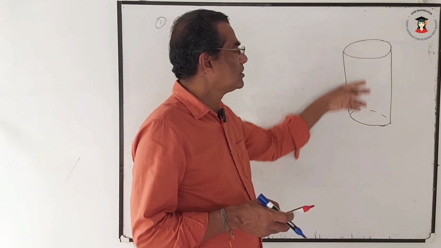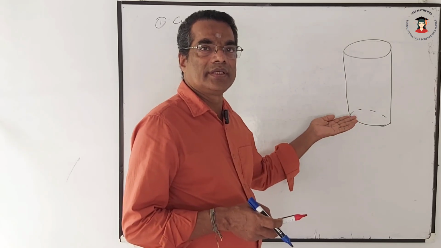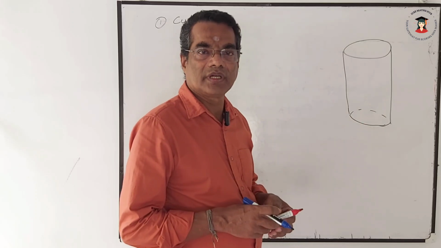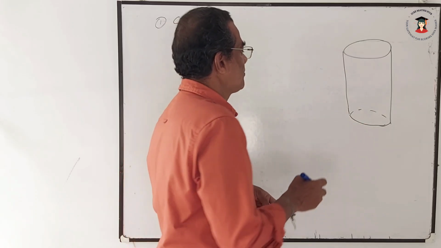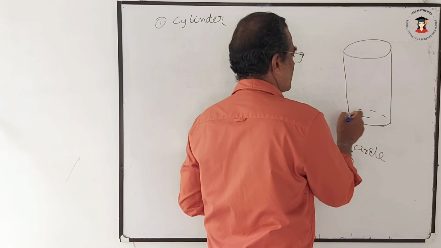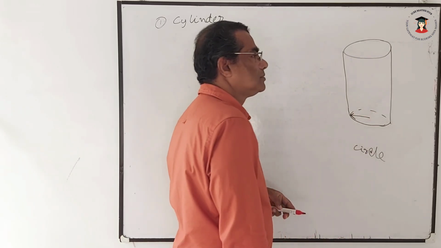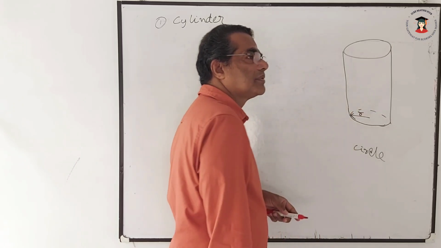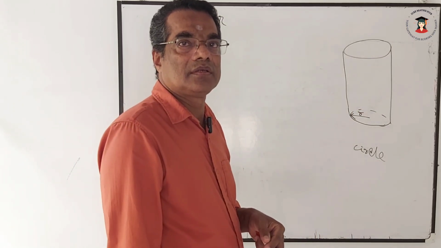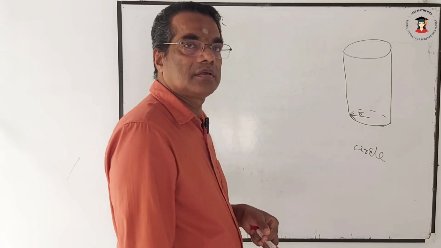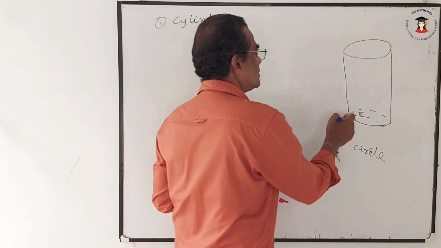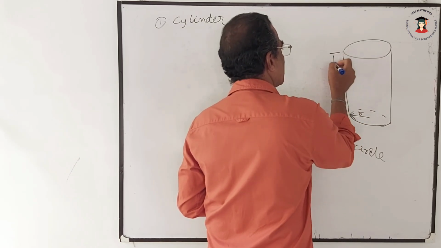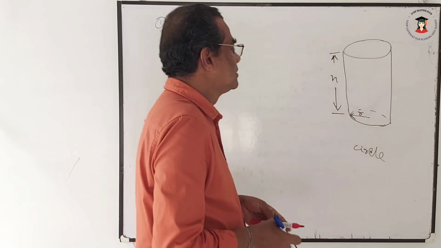In both the sides, the end surface is a circle. Let r be the radius of the circle at the end. Consider h to be the height of the cylinder.